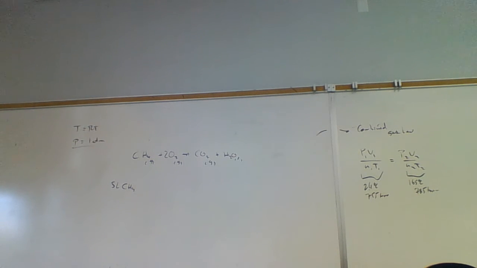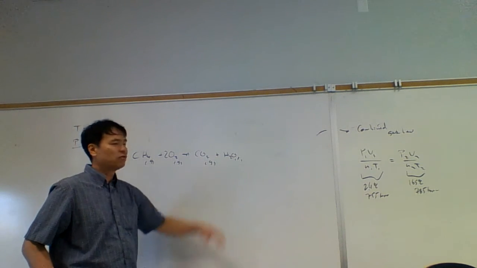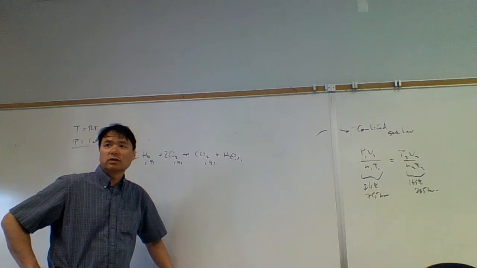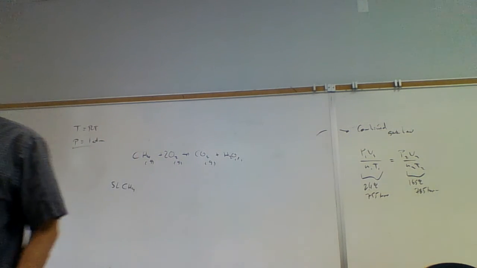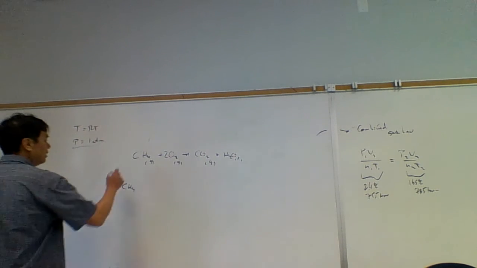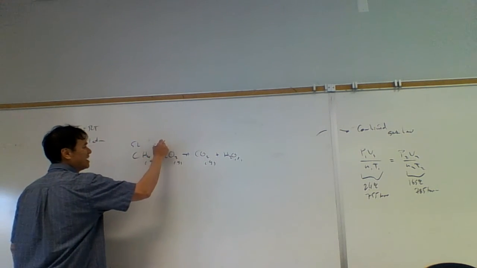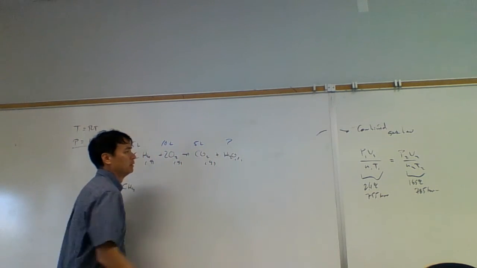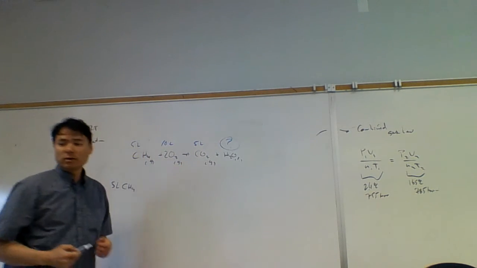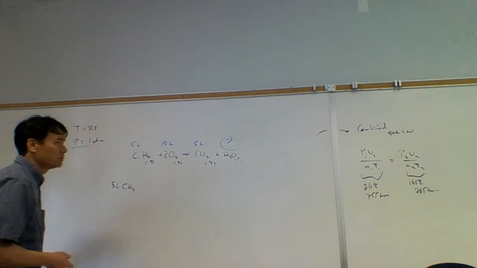This only works for gases. If I need to know how many liters of water form, I have to do it using stoichiometry. And so for everything else, it's easy. This is going to be 5 liters, this is going to be 10 liters, this is going to be 5 liters, but this is going to be what? And so if I want to figure out what that is, then I have to do my standard stoichiometry.